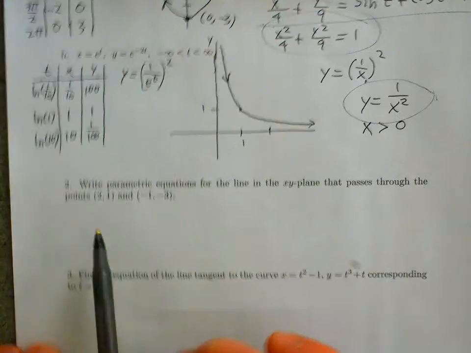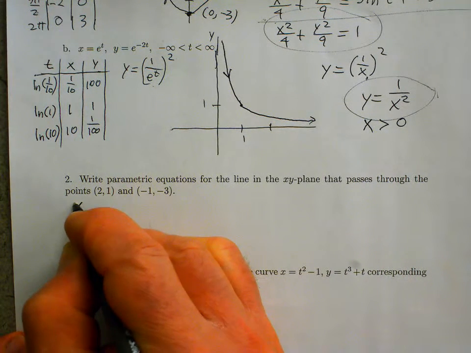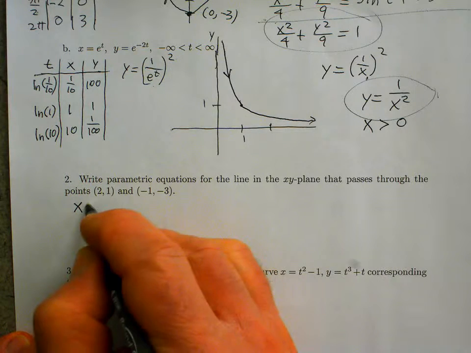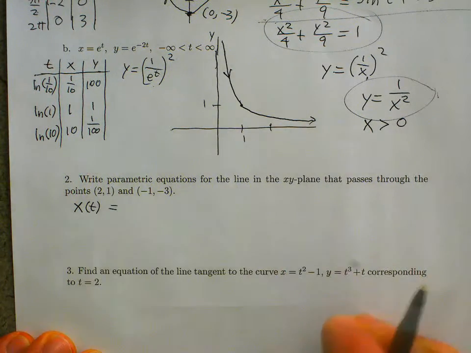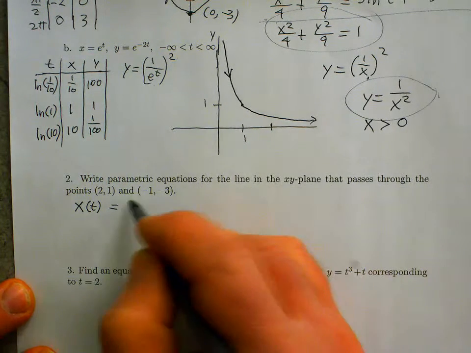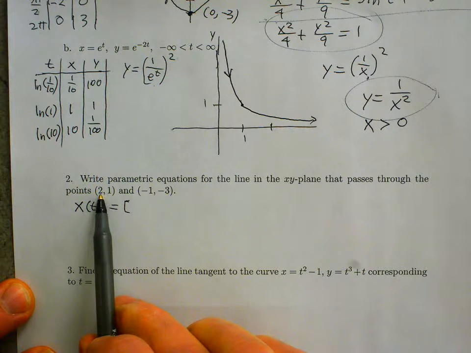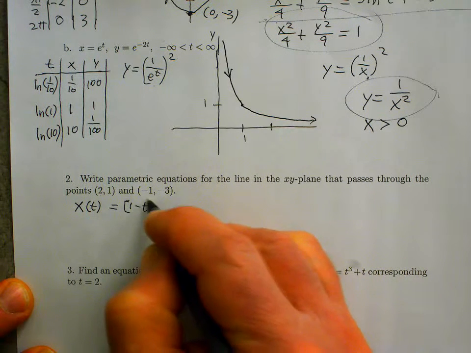If we focus on the x coordinates, then the parametric equation for x as a function of t, one way to do it is to multiply the x coordinate 2 by the quantity 1 minus t.